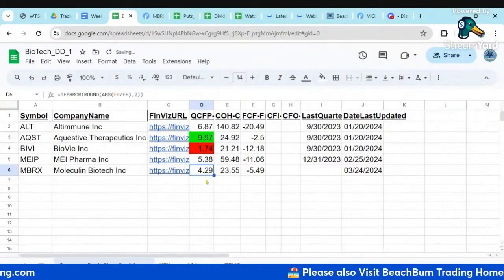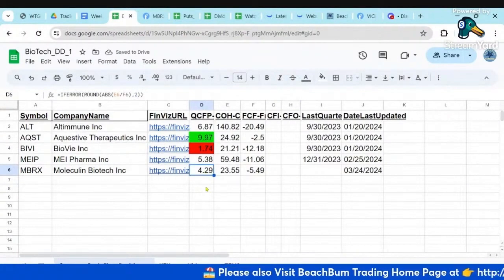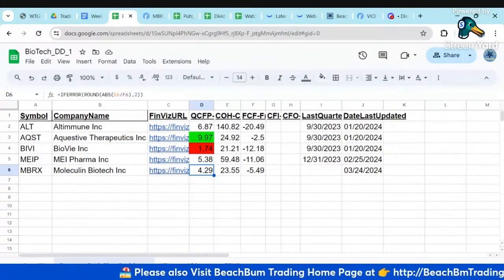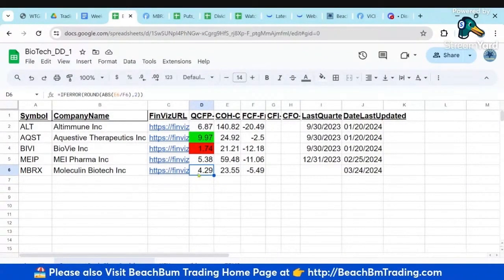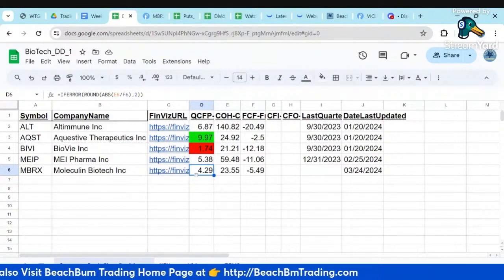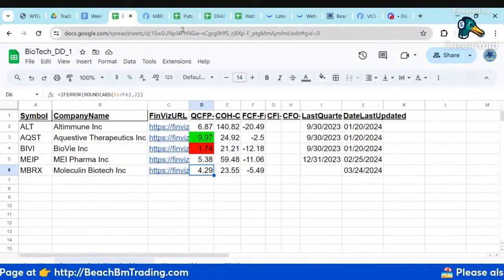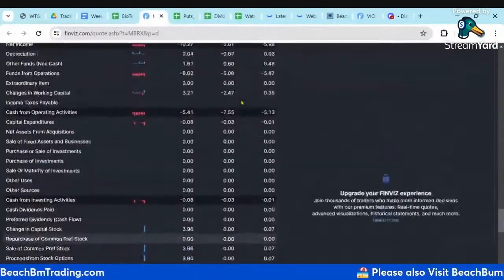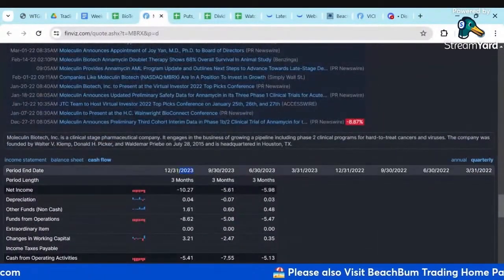And we'll see we get a 4.29. So they've got 4 quarters of cash until they essentially run out of money. So it's not terrible. It's average. So that's not a big negative. We'll get their quarter date.